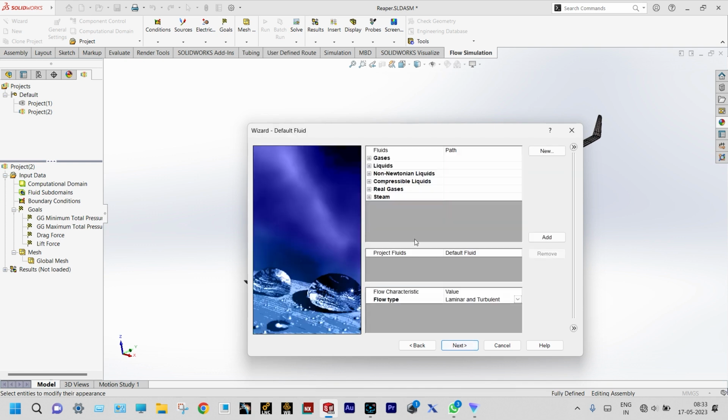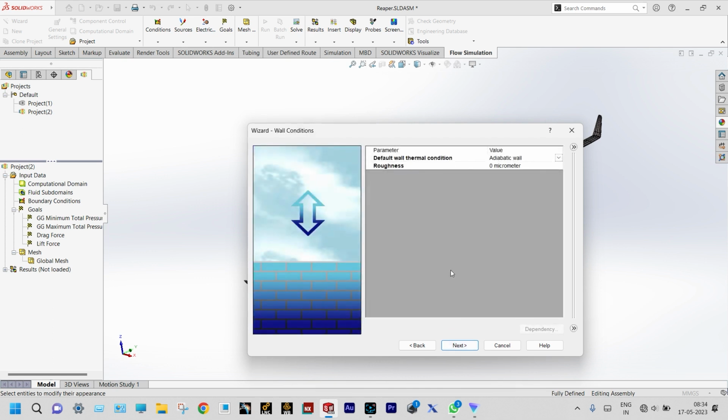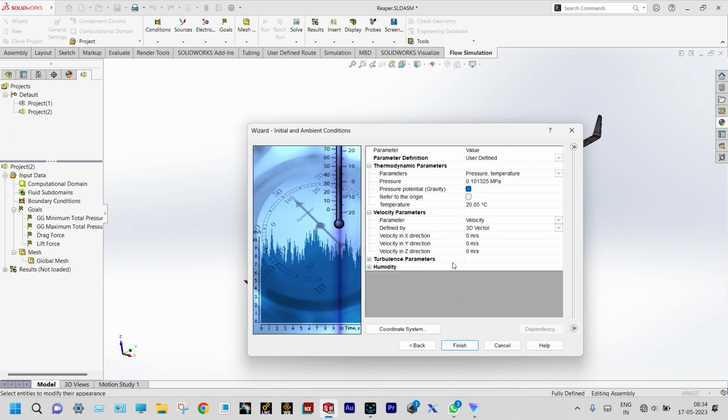Next to that, from gases, it will be air as the default fluid, and we are considering humidity also. Next to that, default wall thermal conditions and roughness we are considering. Finally, from thermodynamic parameters, pressure will be 0.10135 megapascal and temperature will be 20.05 degrees centigrade as default temperature.